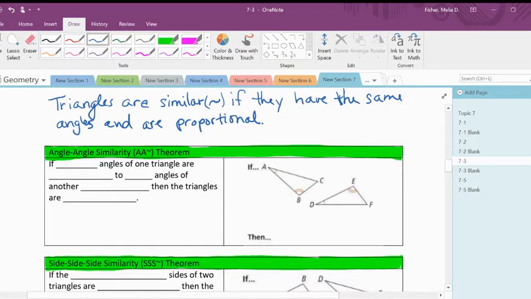So we have some similarity theorems that we're going to learn. This is where we get to the part where similarity theorems are very similar to our congruency theorems, and that was why it was important to determine which ones work for proving congruency and which ones work for proving similarity. So we have the angle-angle similarity theorem that says if two angles of one triangle are congruent to two angles of another triangle, then the triangles are similar.